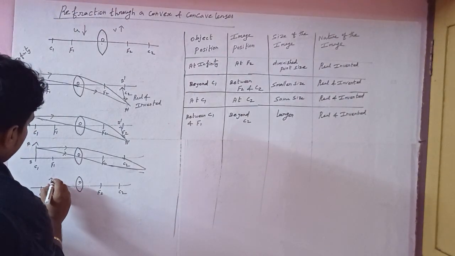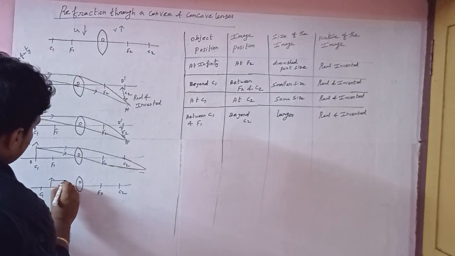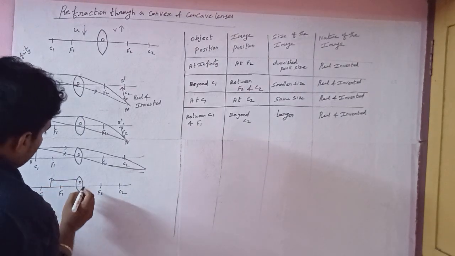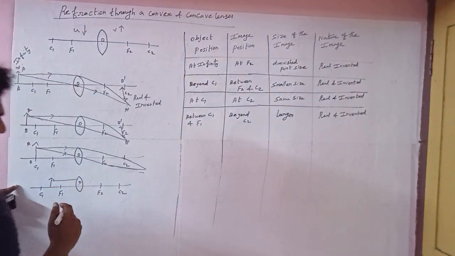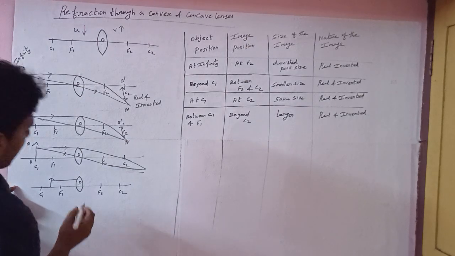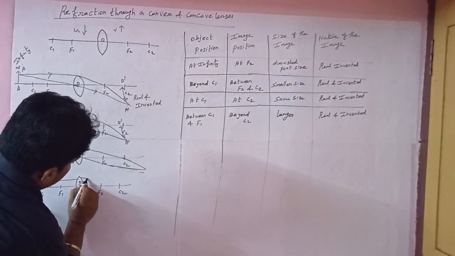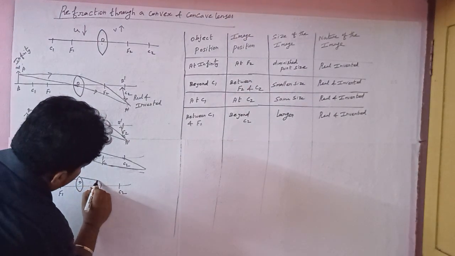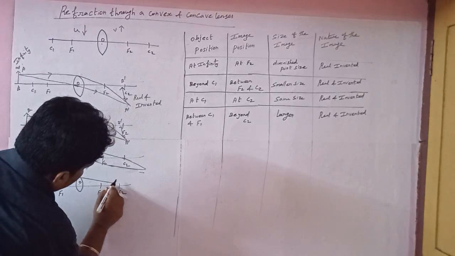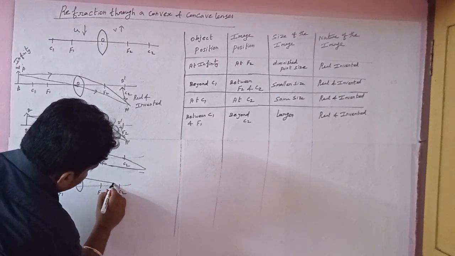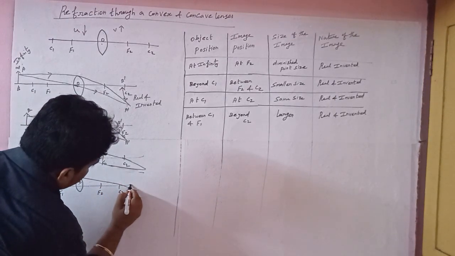So the light ray travels from rare medium to dense medium. So the light ray will be bending. The bending of the light ray is also called refraction. The bending of the light ray will be converging beyond C2.